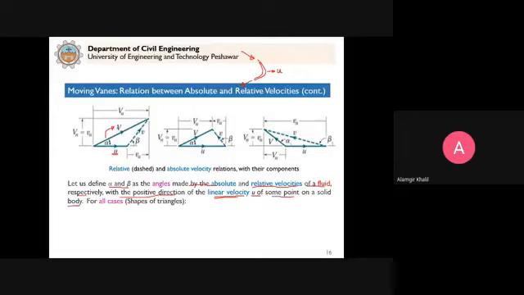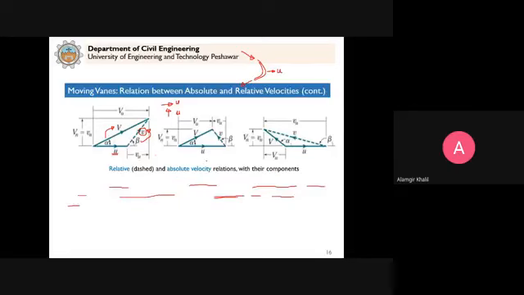But the relative velocity between the two can make an angle theta, which we denote by beta. So now we are interested to calculate the relationship between the three velocities parallel to u and perpendicular to u.